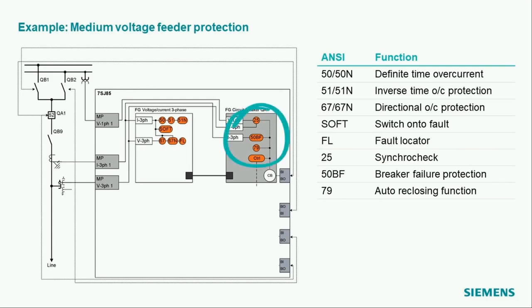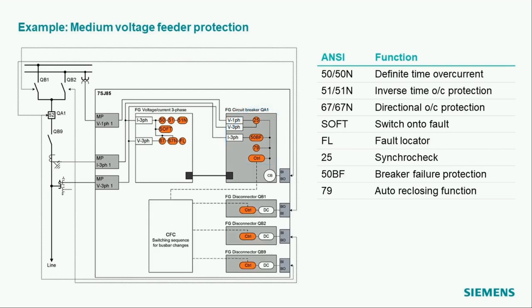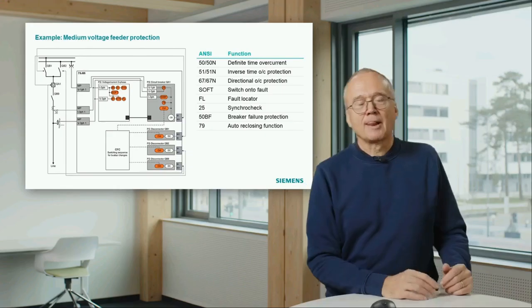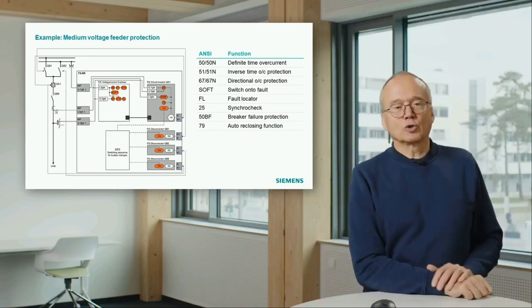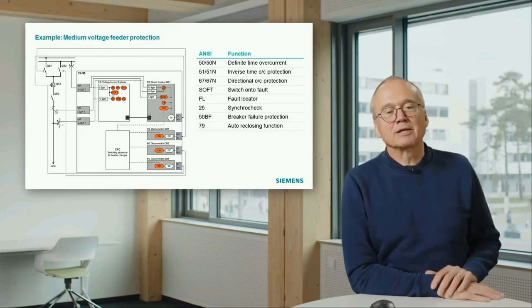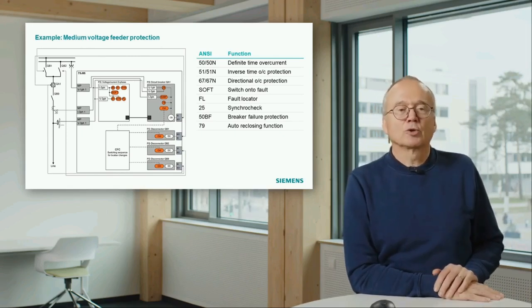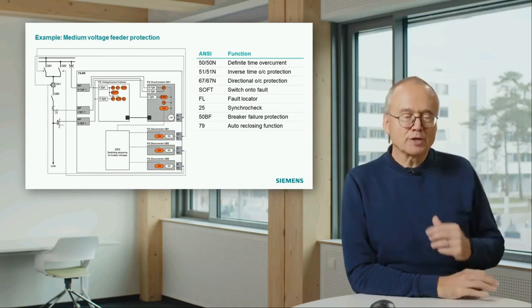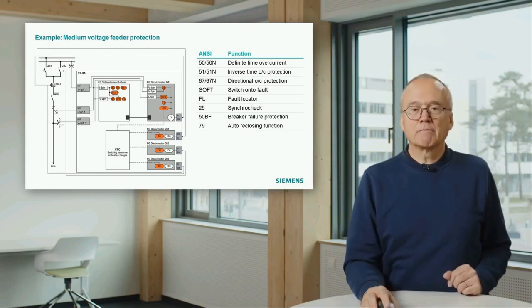That means you find somewhere here also the 79, which is the number for auto reclosing. And then in this case we also have some control logic included there. That means you see here additional control functions, some logic, maybe interlocking logic for the control of the breaker. So this would be an example for a medium voltage feeder.